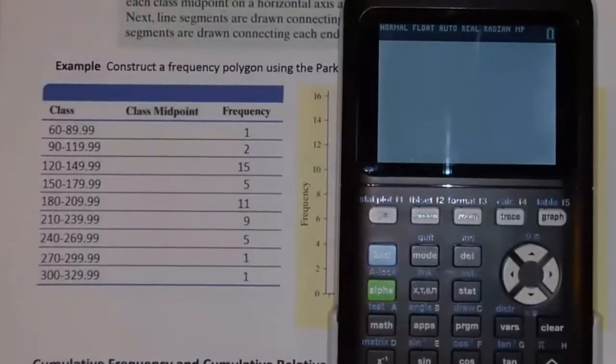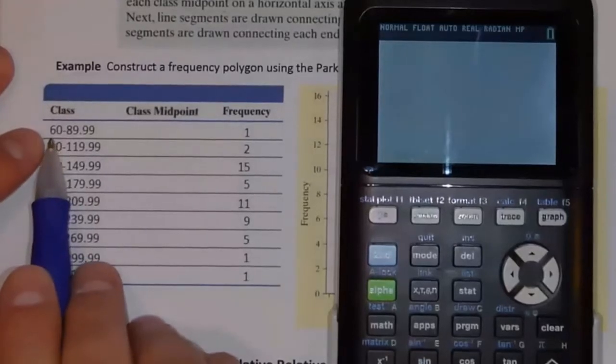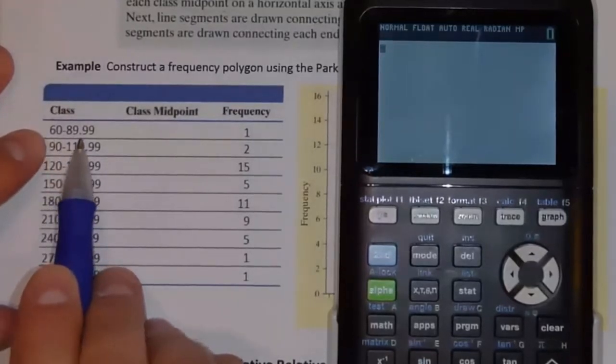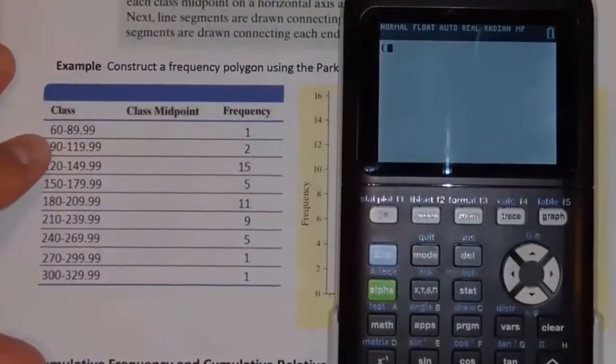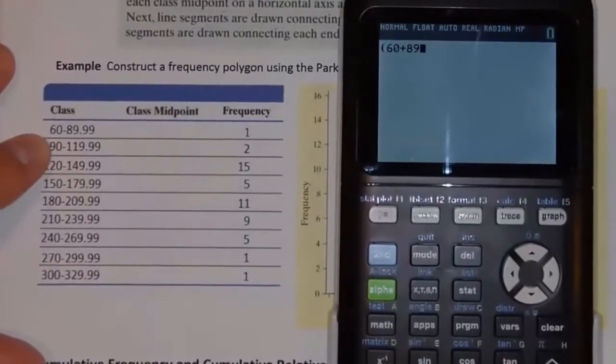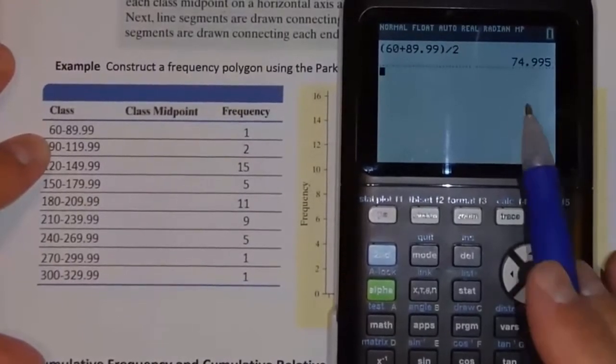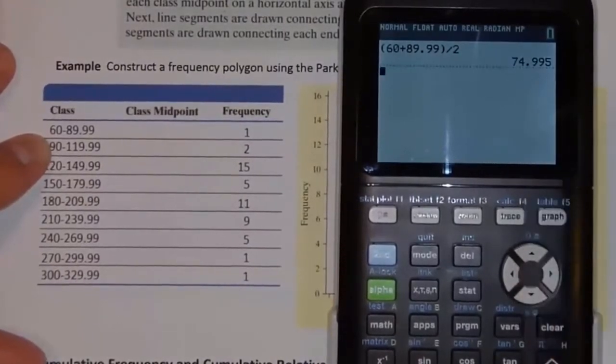Now, I'm going to tell you, statistics is still evolving. And so if you look at different resources, they may define class midpoint slightly differently. Some resources say average the lower limit and the upper limit of the class to find the midpoint. So some resources would say take 60 plus 89.99 and divide that by 2 to get the midpoint. Our textbook doesn't do that.